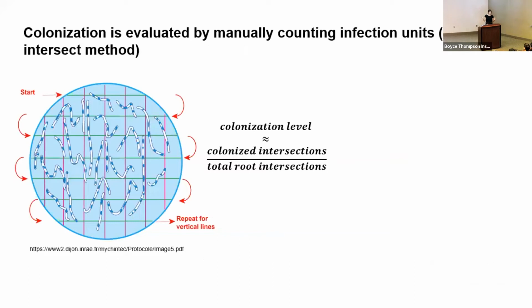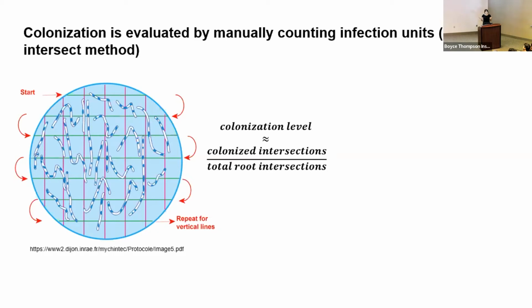So now that we know why colonization levels are important, how do we measure them? The most common method for measuring colonization levels is called the grid intersect method. This method involves randomly dispersing a set of roots onto a plate that's marked with a grid, as shown here, and viewing this plate under a microscope. The places where a root intersects with a grid line is counted, noting whether the root was colonized or non-colonized at that intersection.